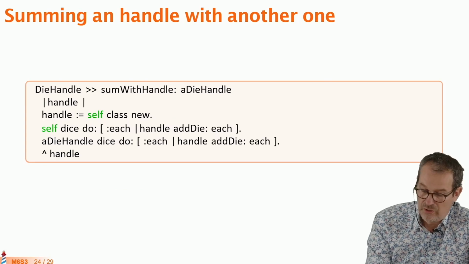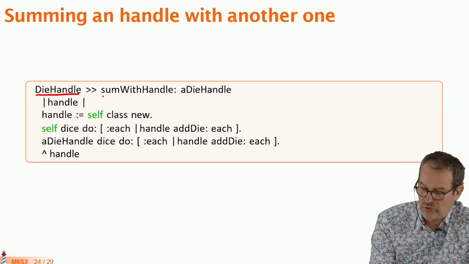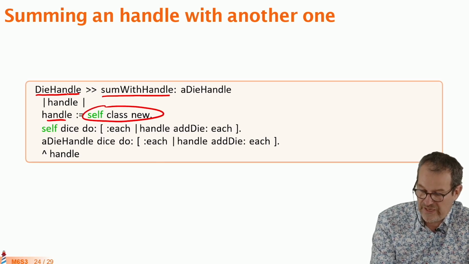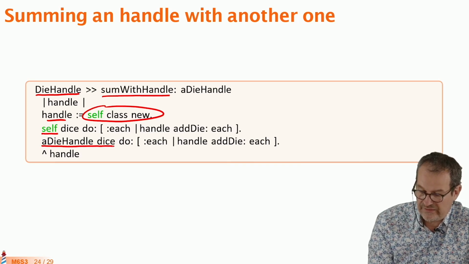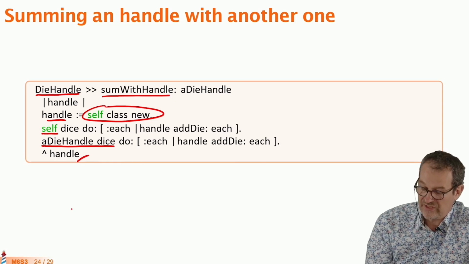So, on the class die handle, to sum a die handle, this is easy. I create a new die handle. I go over all the dice that are in the receiver. I add them into this new die handle. And then I take the dice of the argument, and I do the same and I return the handle. By the way, this is a functional design.